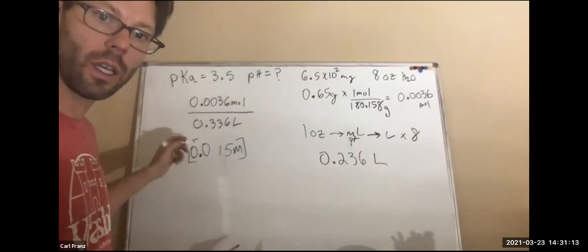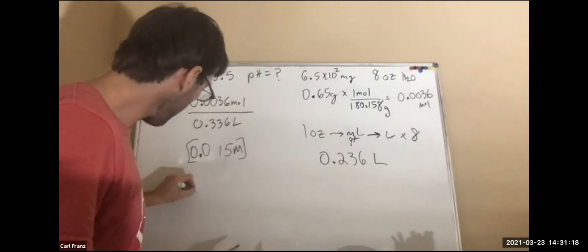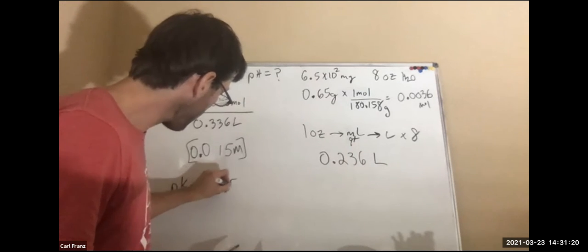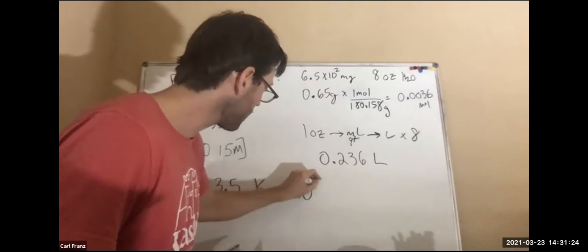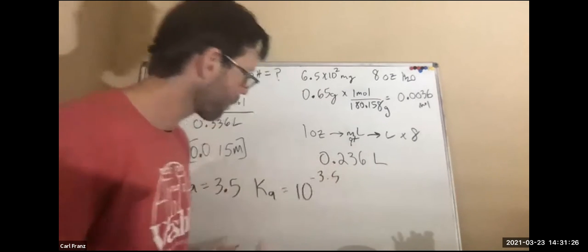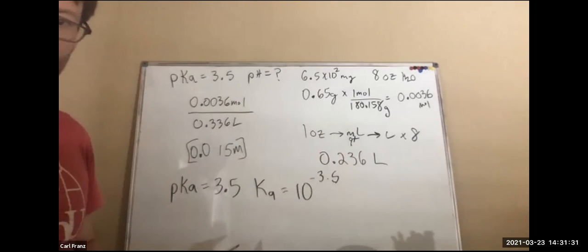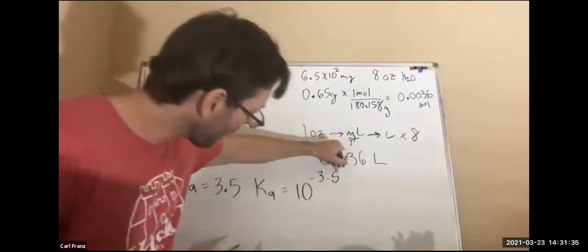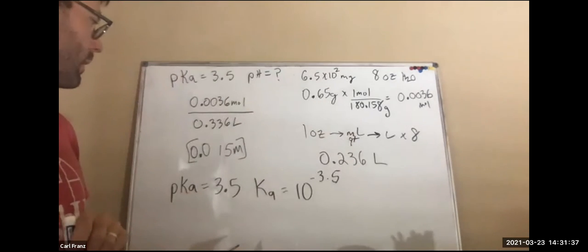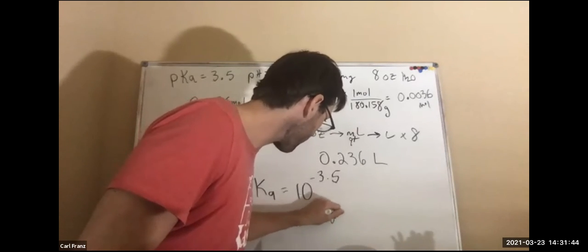So if our pKa equals 3.5, our Ka equals 10 to the negative 3.5. What's 10 to the negative 3.5? 3.16 times 10 to the negative 4.